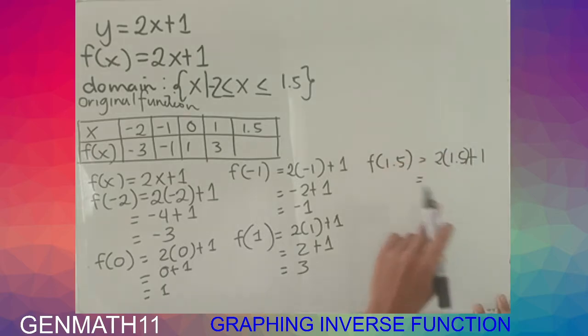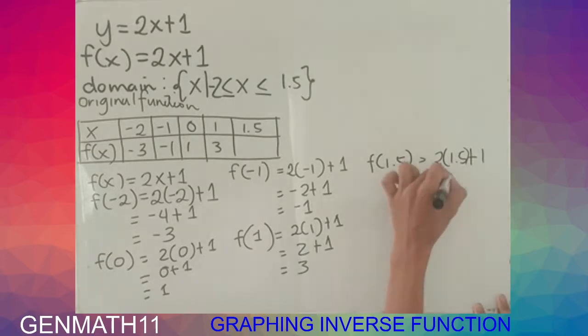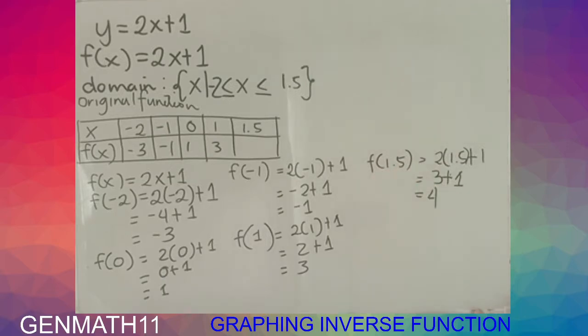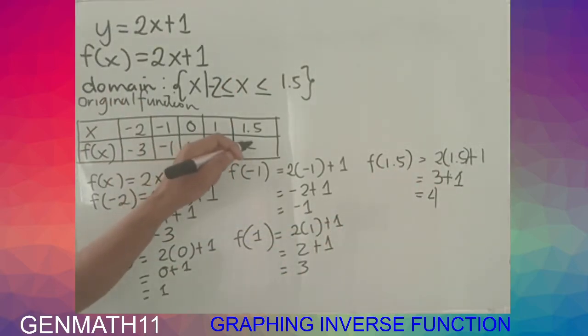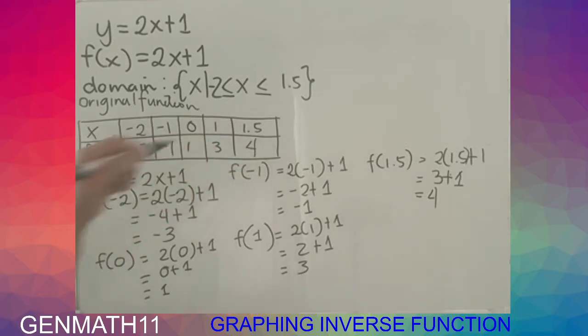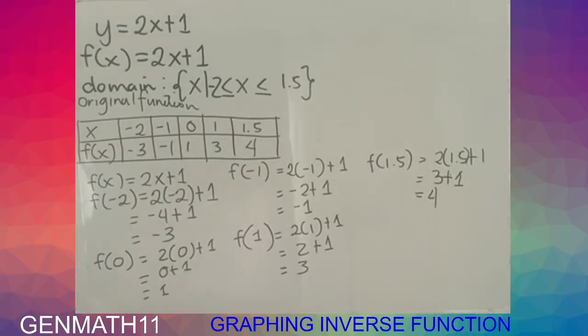So, 2 times 1.5 is 3, or 3.0. So, parehas lang yun. Plus 1 is equals to 4. So, meron na tayong value ng ating range natin, which is 4. So, nakompleto na natin yung ating table of values.